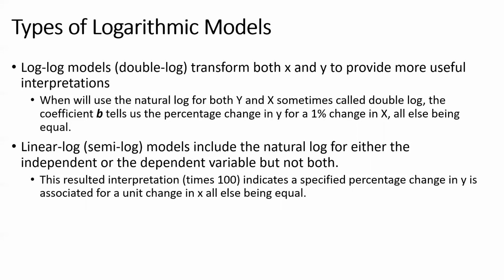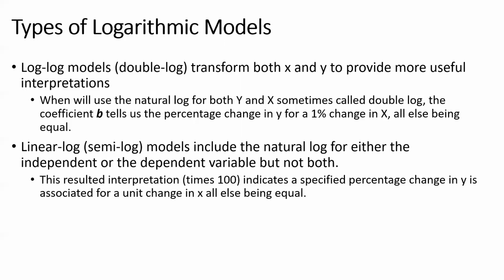When we use the natural log for both x and y, the coefficient b ends up telling us the percentage change in y for a percent change in x, with all else being equal. So with everything else controlled, right? So it allows us to talk about percentage change, which is when you're doing a linear log or a semi-log, then you have unit change and percentage change in the interpretation.